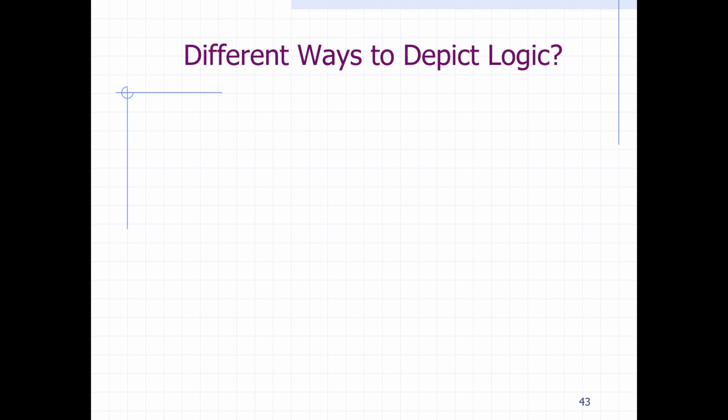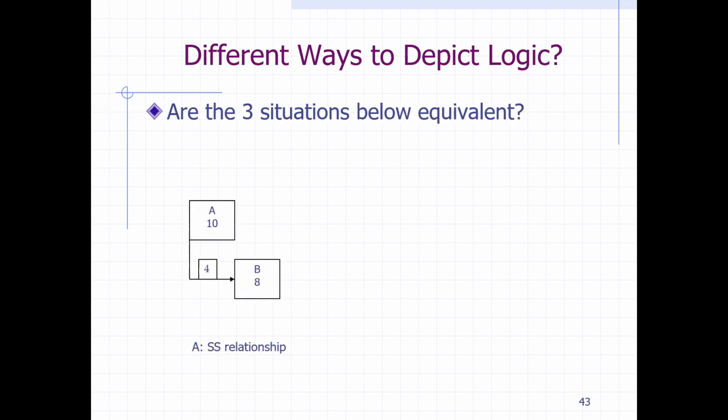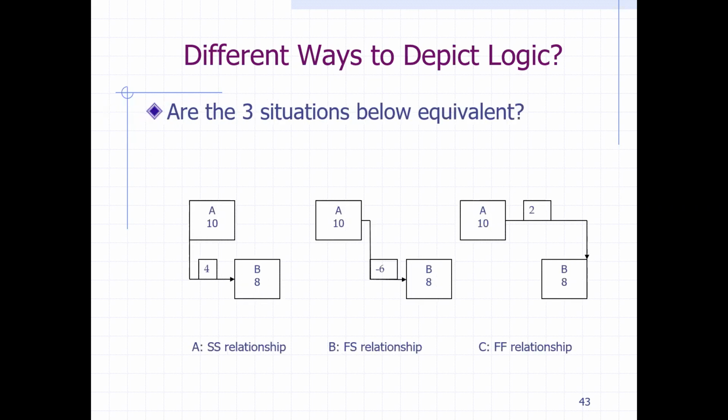I asked you, on the previous lecture, to pause the video on some logics behind these three activities. The first one is when you have activities A and B, duration 10 and 8, and you have 4 lag for start-to-start relationship. Is this relationship logical?